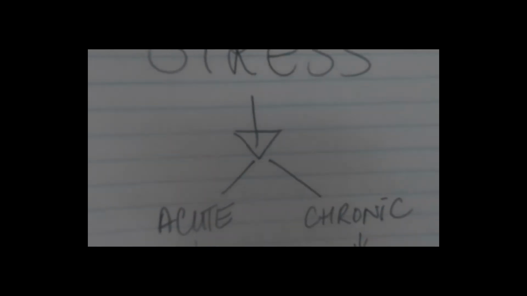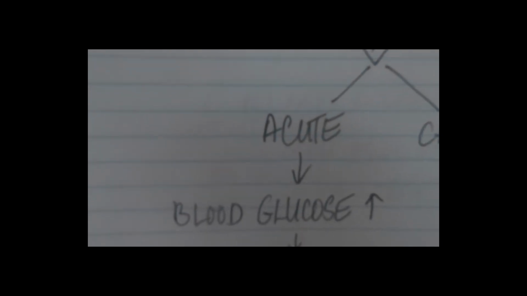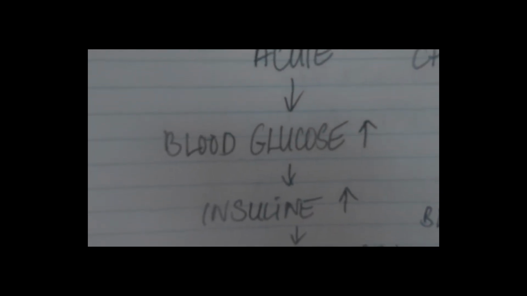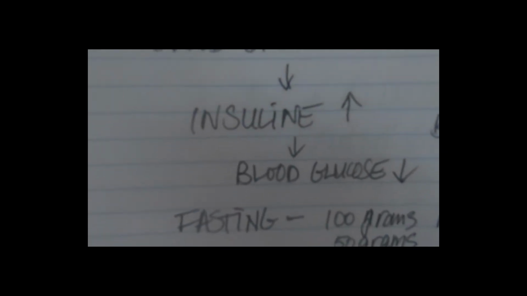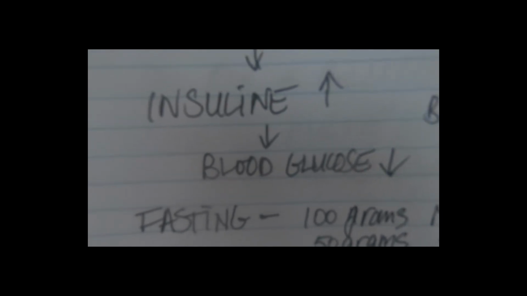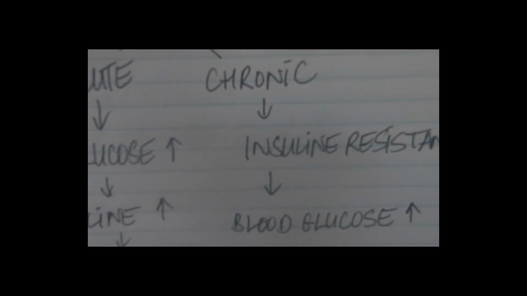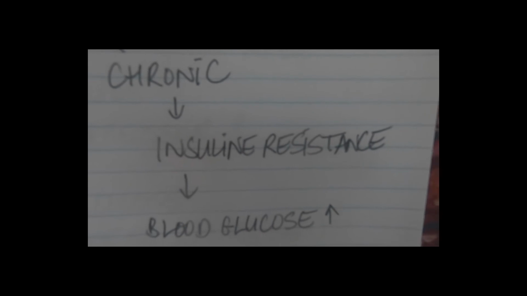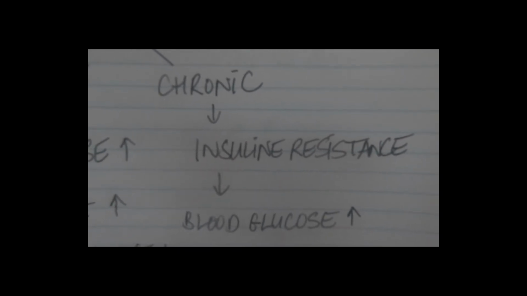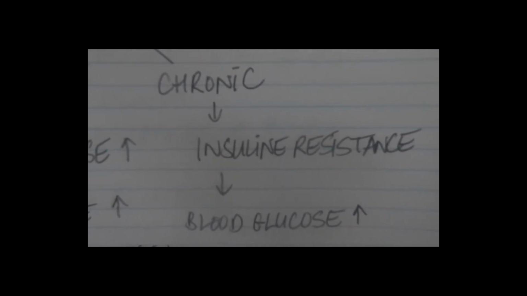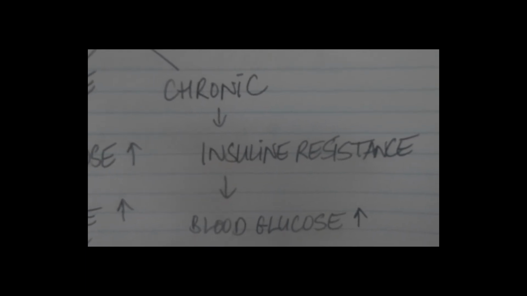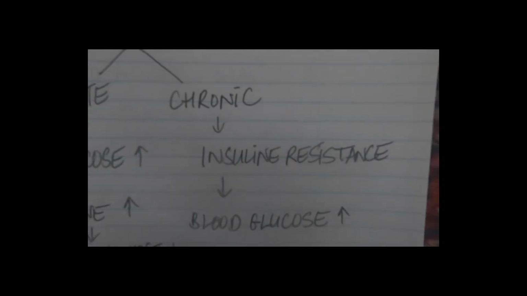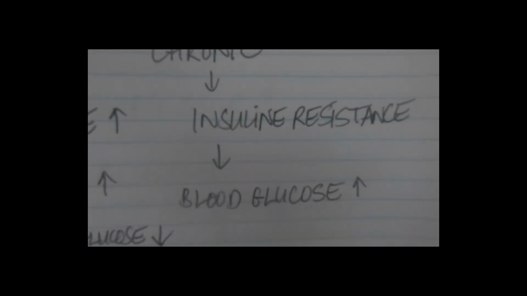So when we are in stress, we have an acute response, and acutely our blood glucose goes up, but that causes a rebound effect because insulin goes up, and eventually blood glucose goes down. The chronic response means that corticosteroids are released, like cortisone, from the adrenal cortex, and they cause a resistance against insulin in the body, and that means that insulin is no longer as effective and blood glucose will go up.